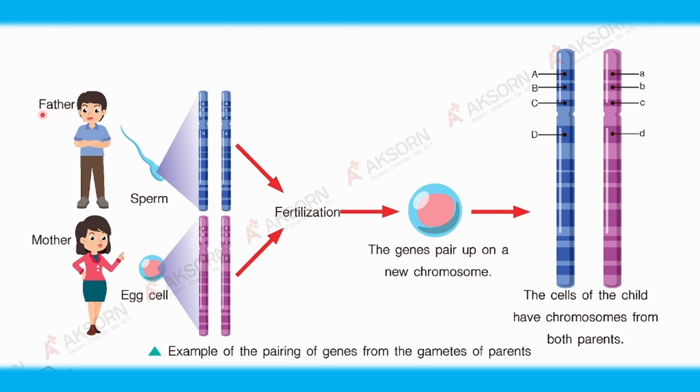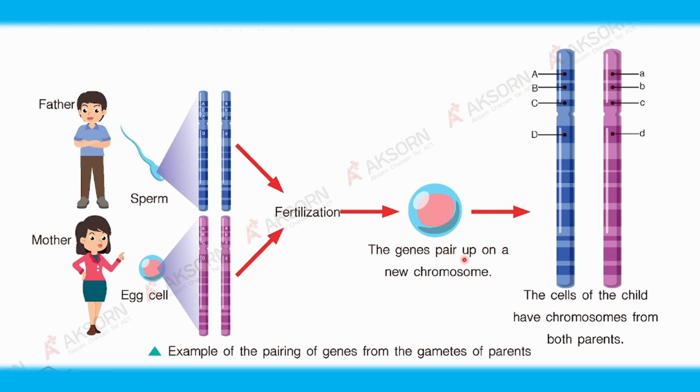So you can see here the father and the mother. So the sperm from the father and the egg from the mother. So the genes from the mother and from the father both go into the egg. The genes split in the egg and they pair up.